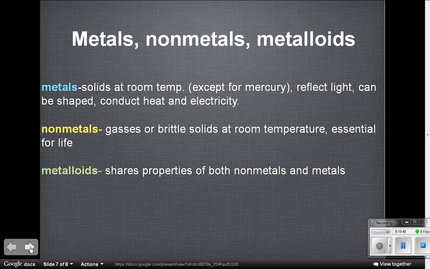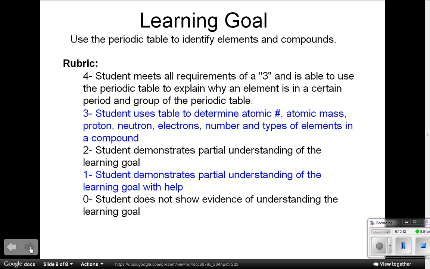Alright, so that's all. Kind of reviewing our learning goal: hopefully out of this you'll be able to use the periodic table and understand the atomic number, atomic mass, number of protons, neutrons, electrons, and the number and types of elements in a compound.